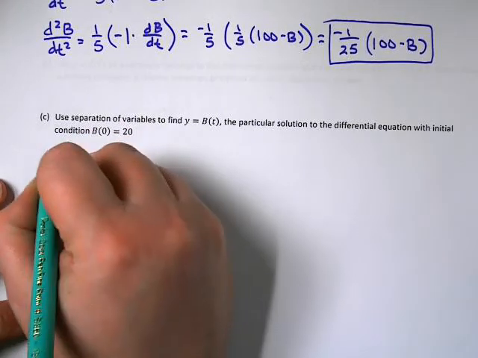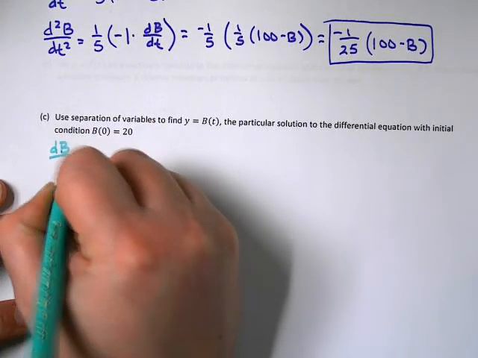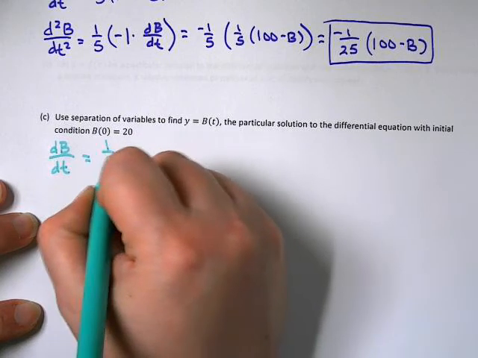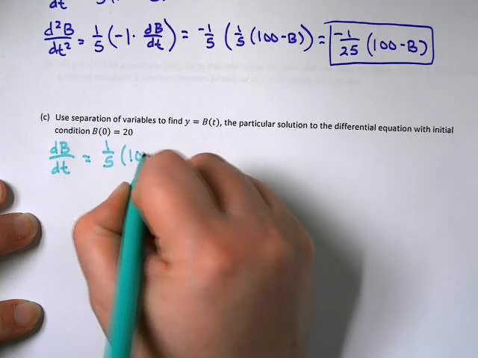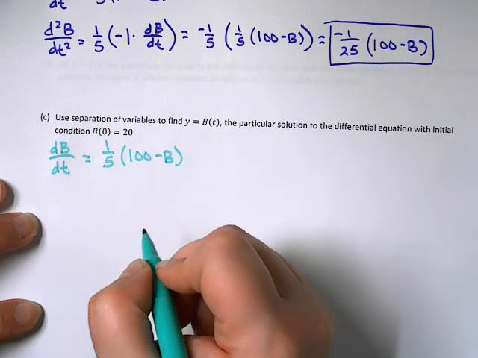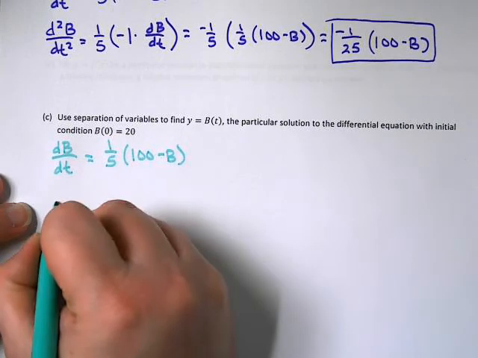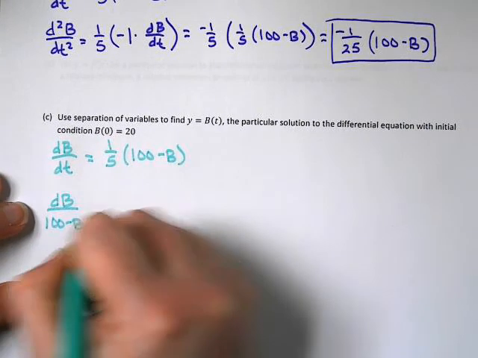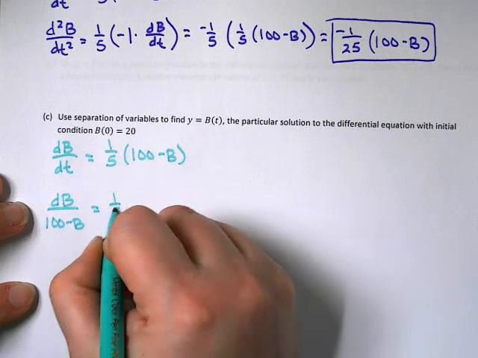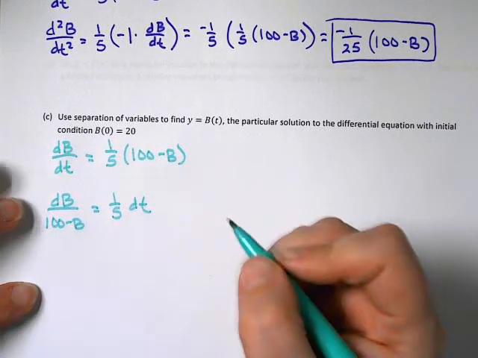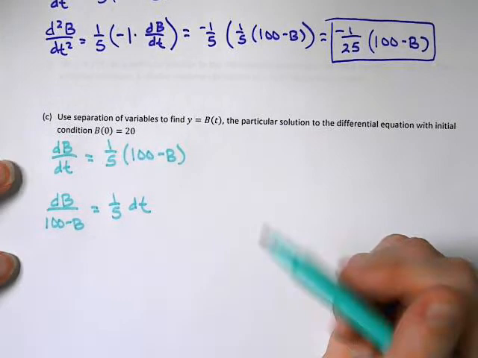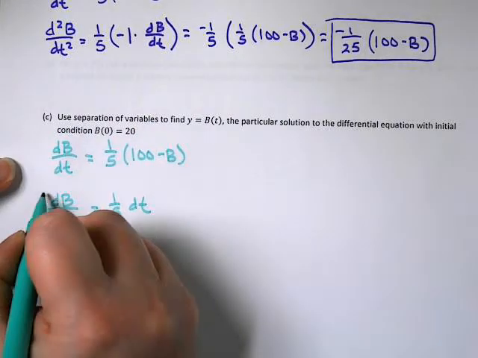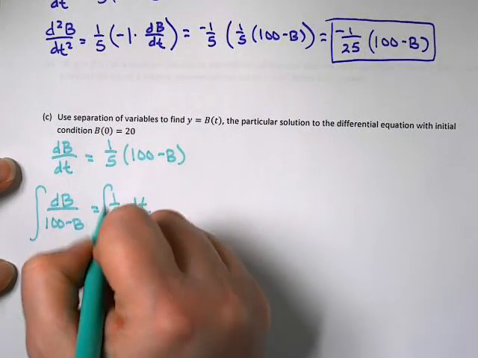So we need to start with our derivative, so dB/dt is equal to 1/5 of 100 minus b, and we need to separate our variables. So we're going to have dB over 100 minus b equals 1/5 dt. Again, very important to actually show the separation of variables. The directions even say it for you. All right, so then we're going to take the integral.